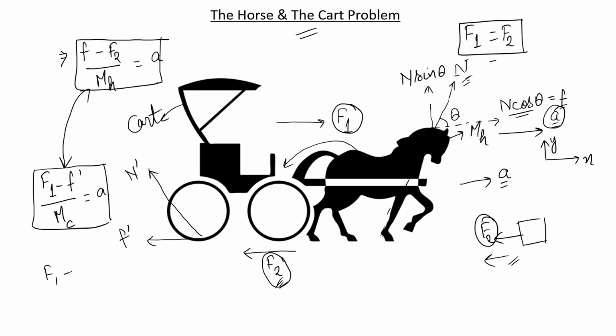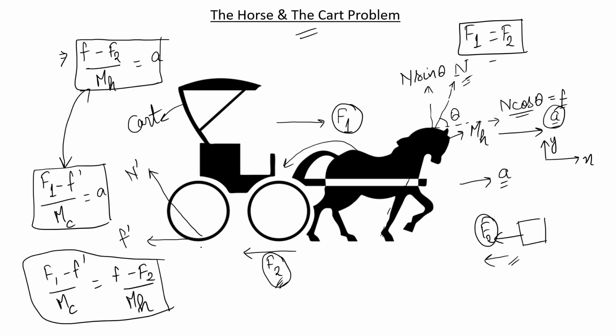So F1 minus f dash upon the mass of the cart must be equal to small f minus F2 upon the mass of the horse. For making these two equal, f dash and f must adjust themselves to make this system move with a constant acceleration a.